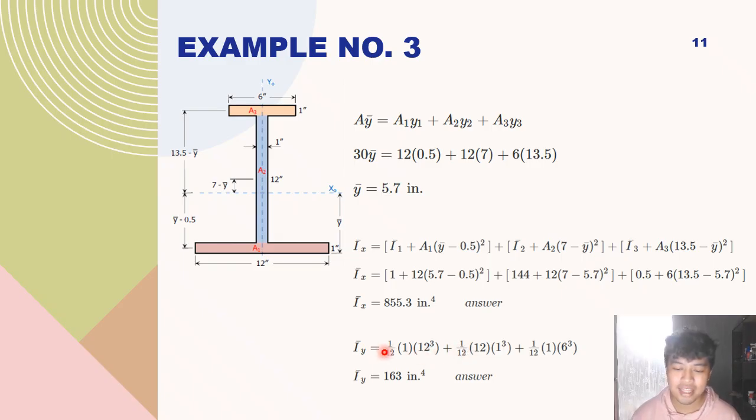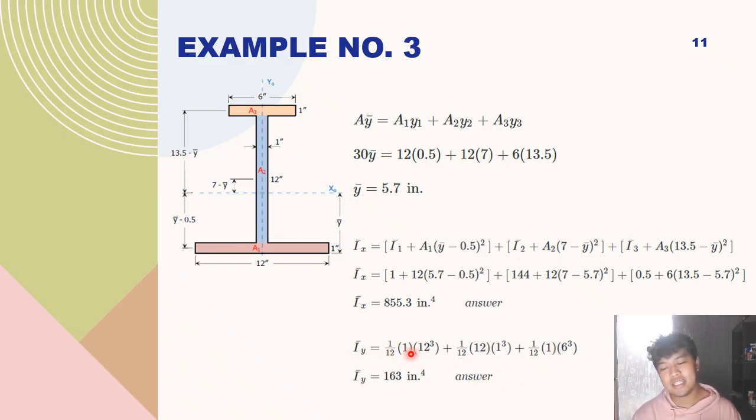So we cube that and divide by 12. Plus, for area 1, we have base 12 inches and height 1 inch cubed over 12. And then lastly, area 3. This is for area 1, this is for area 2, and this is for area 3.